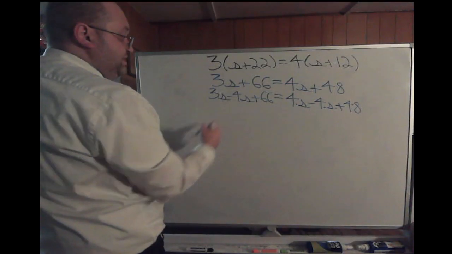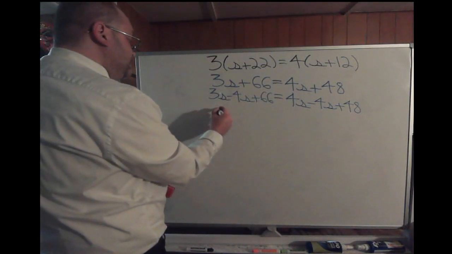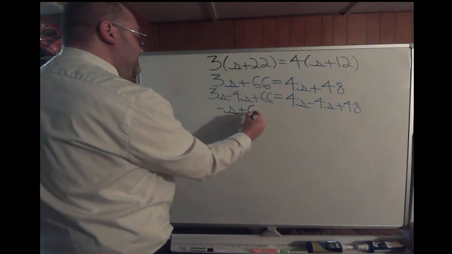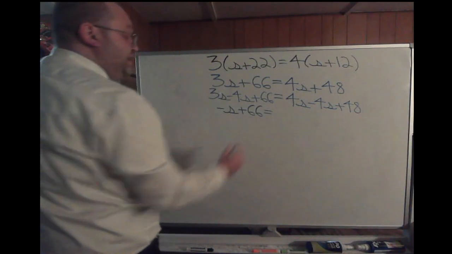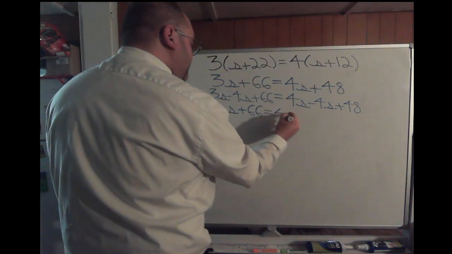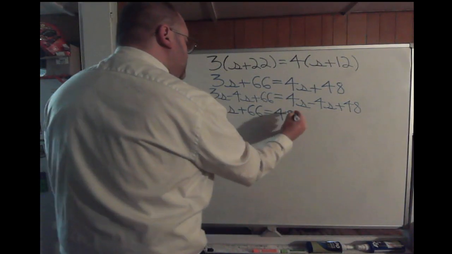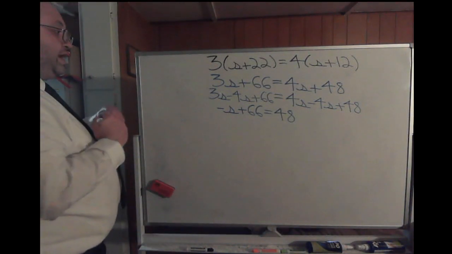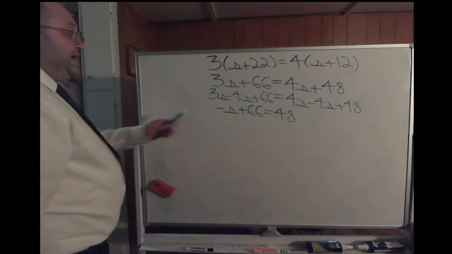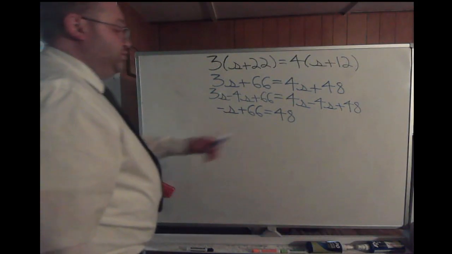Well, on the left side, let's start with 3S minus 4S. That's negative S. You'll have negative S plus that 66. You're going to set that equal to the right side. 4S minus 4S is 0. You just have 48. Alright. So we have negative S plus 66 equal to 48.